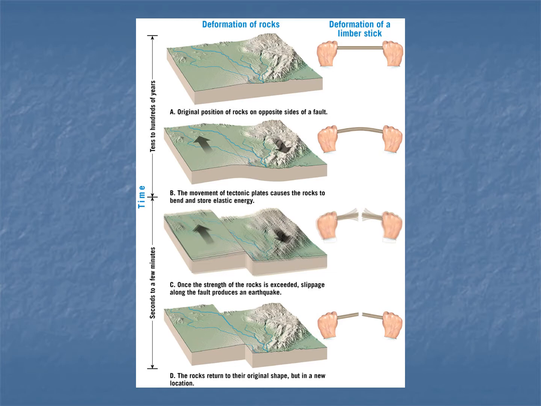You would see that's your elastic rebound. At the moment you break that pencil and the earthquake occurs, the bent pencil halves on either side are going to elastically snap back into an unbent shape. And that's what you see on the bottom right. Of course, what they should have done is push one of their hands a little bit higher so that you could notice the offset there of the pencil on either side.